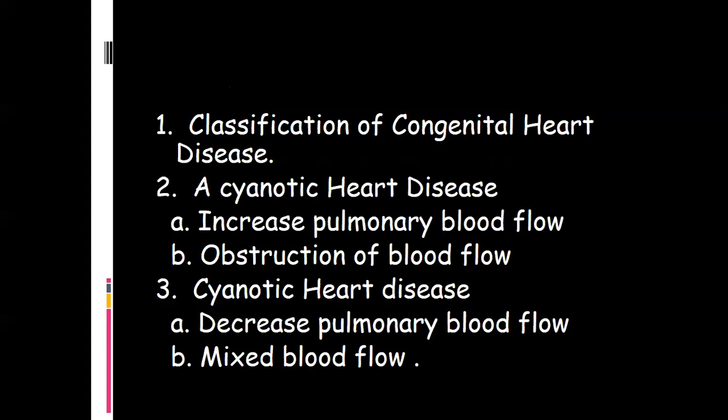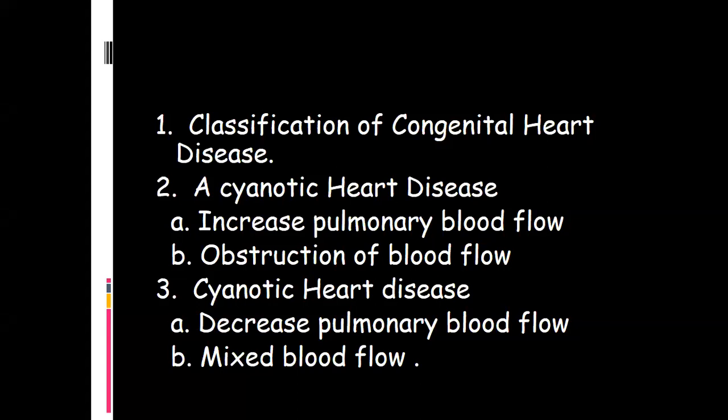Number one, acyanotic heart disease, with increased pulmonary blood flow. Next is obstruction of the blood flow. Then another condition, cyanotic heart disease, characterized by decreased pulmonary blood flow and mixed blood flow.